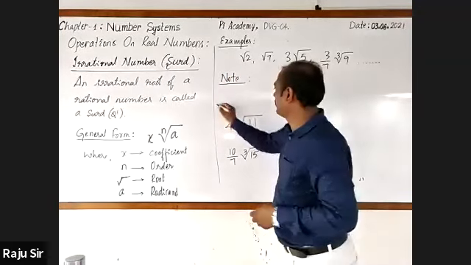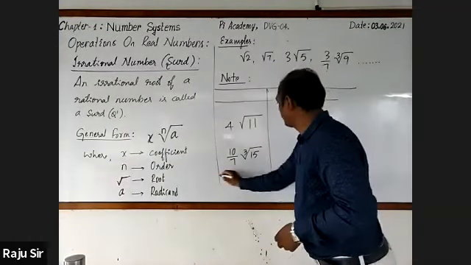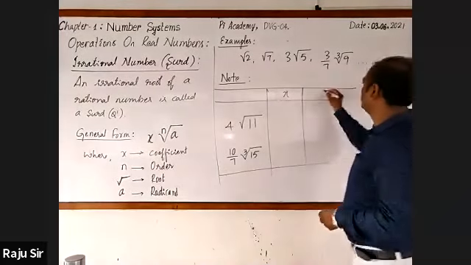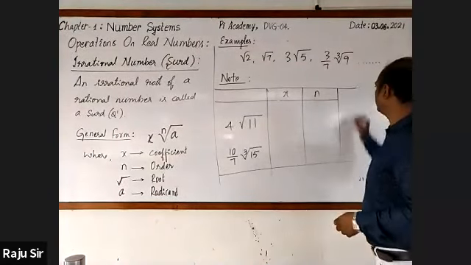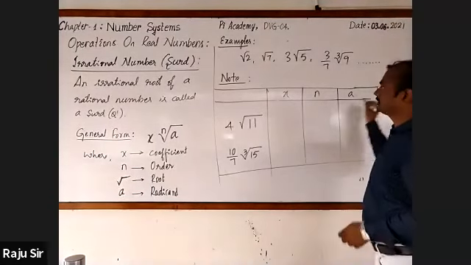Note. You have to make a table. It is coefficient x, here is n order, and here is radicand. Prepare the table.